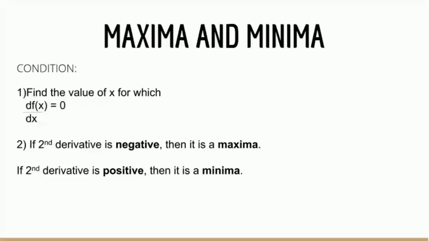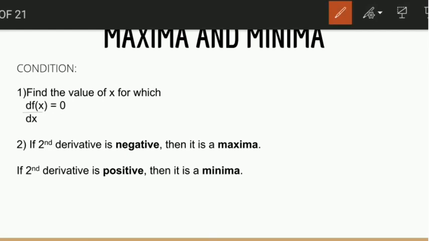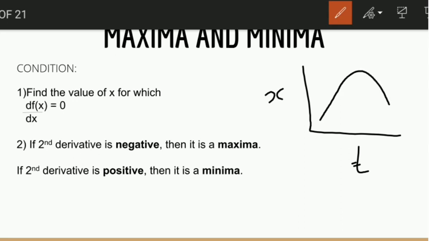Okay, so now let's look at some practical applications of this differentiation. One of them is maxima and minima. Let's take a practical example. Imagine you are throwing a ball up into the air and you are plotting its distance versus time graph. It will go up and then come down, because the ball goes up and comes down, right?